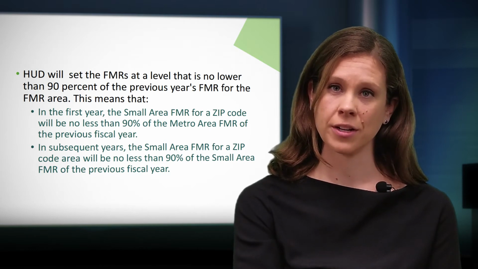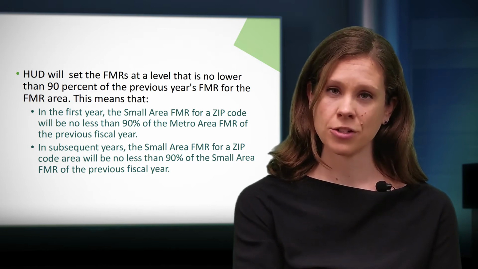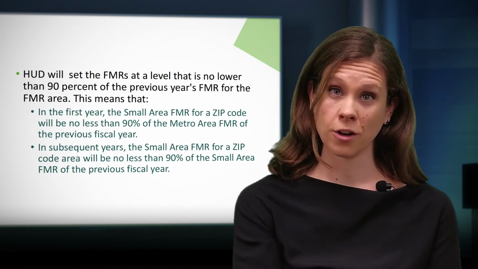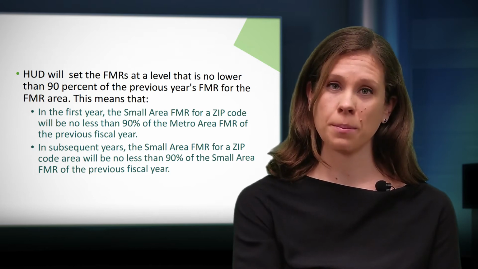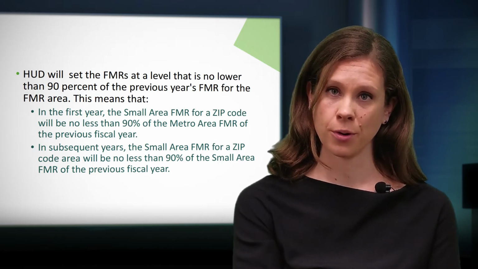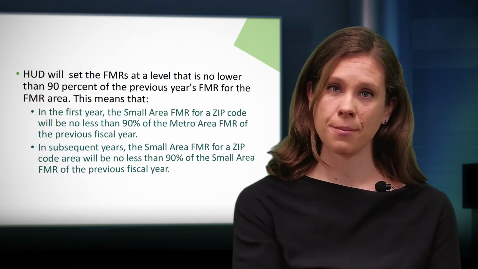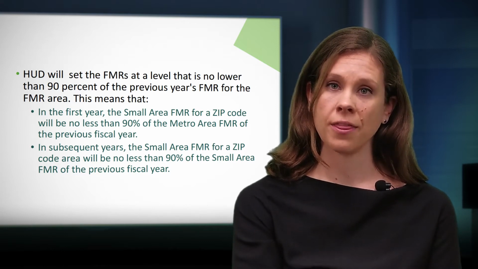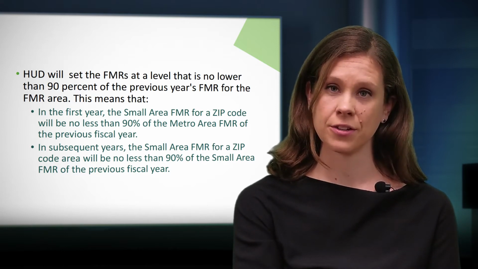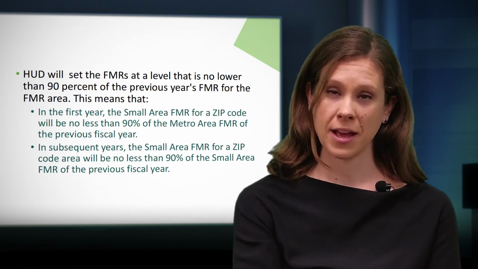In subsequent years, the relationship between the small area FMR and the metro area FMR will no longer be relevant. The only applicable restriction from that point forward is that the small area FMRs will be no lower than 90% of the previous year's small area FMRs for that zip code.